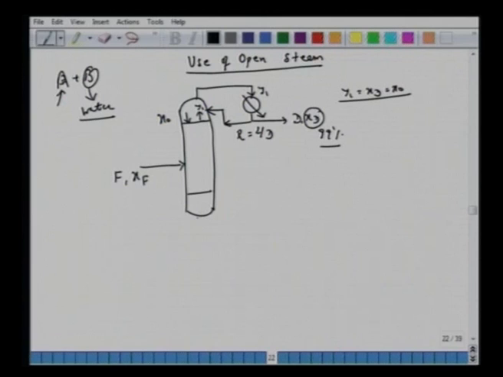Now the bottom product, the liquid which arrives from the bottom plate to this reboiler, typically will be rich in the other component B and very poor in A. So what you will do here, this liquid will be reboiled, part of this liquid will be sent as a vapor reflux as G bar, and here you have this bottom product W and XW. So this XW will be, let's say, 0.001 mole fraction. So it's very poor in A but rich in water.